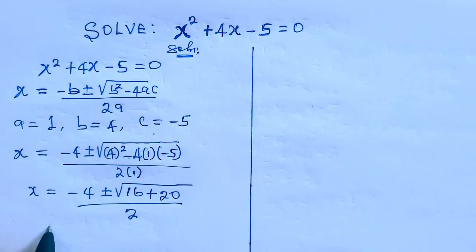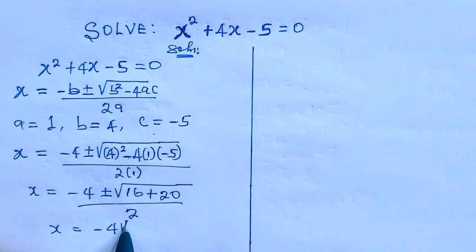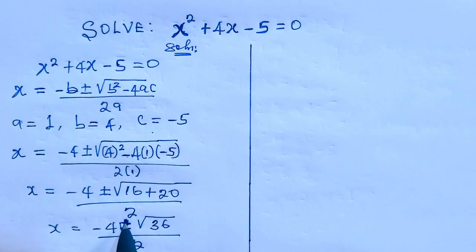And we have that x equals minus 4, plus or minus square root of 16 plus 20, that will give us 36, divided by 2.